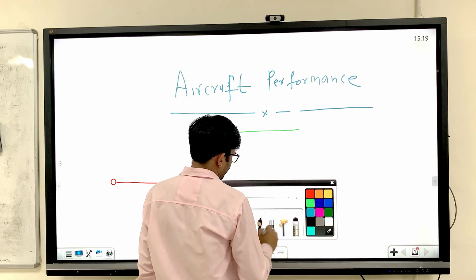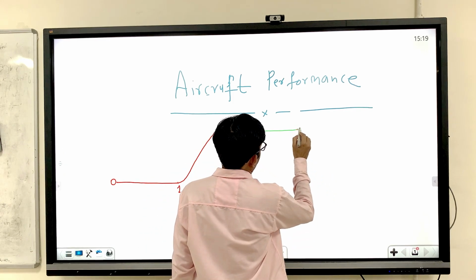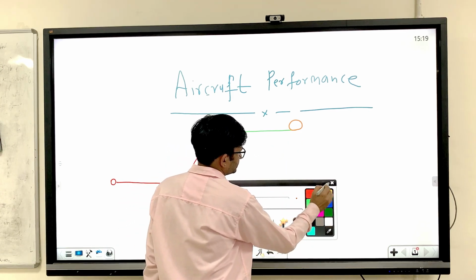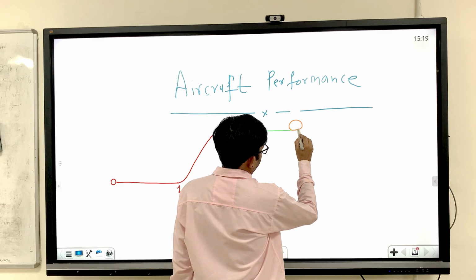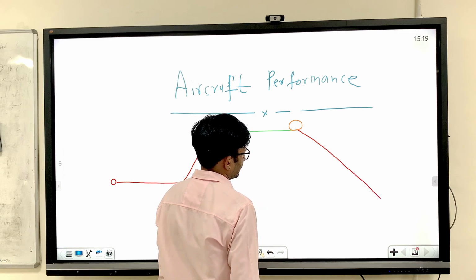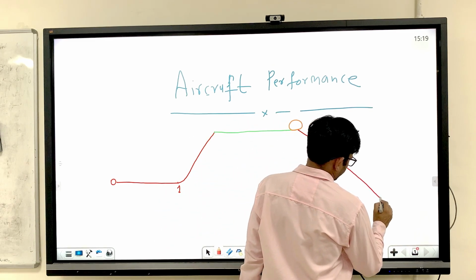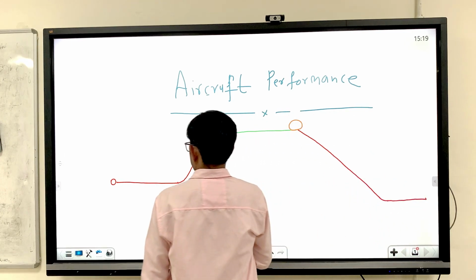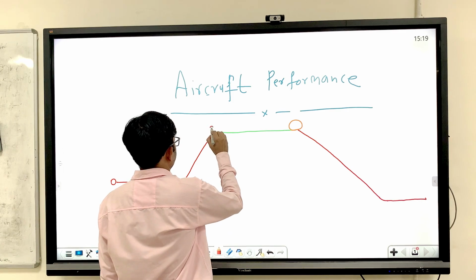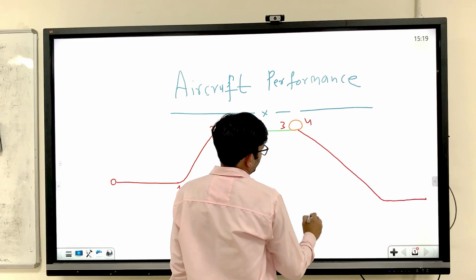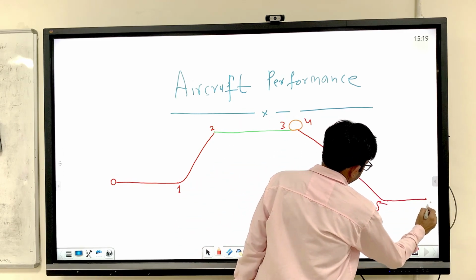Depending upon the requirement you can loiter the aircraft, and finally when you land, you will start descending the aircraft and finally land it. So you can see this is 0, 1, this is 2, this is 3, this is 4, this is 5, and this is 6.